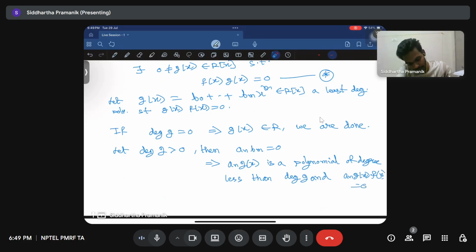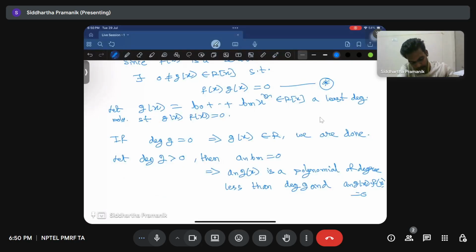So this polynomial also annihilates f(x), but we have assumed g(x) is a least degree polynomial, and the degree of this polynomial is also less than g. So this polynomial has to be 0. This will imply an times g(x) is 0, because g(x) is of least degree which kills f(x).